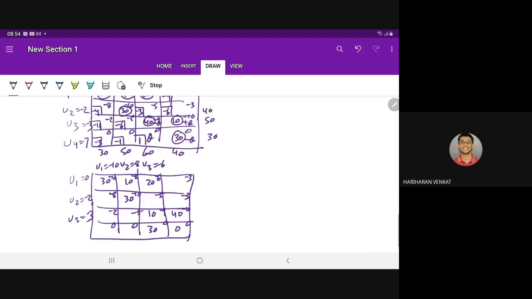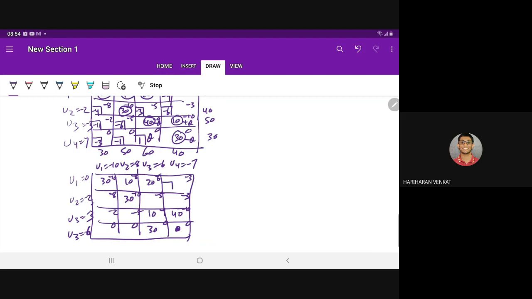And as the u3 is equal to minus 3, this will become the v4 is equal to minus 7, right? Minus 7. And as the v3 is equal to minus 6, this will be 0, right? So it is the 6.